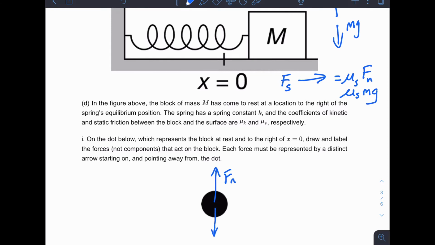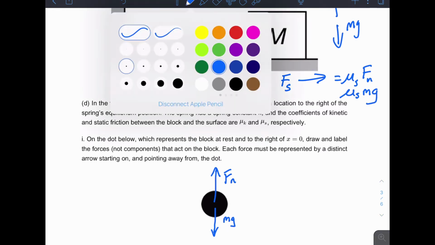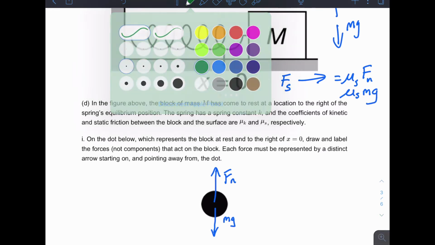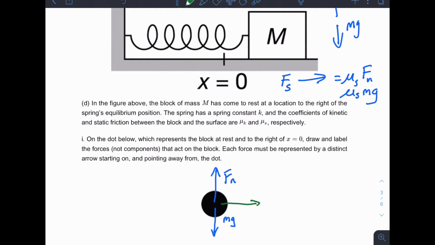All of these forces would be equal to the opposite direction force, I should say. So this is my friction force, static friction force, holding it in place. And this is my spring force in that direction.